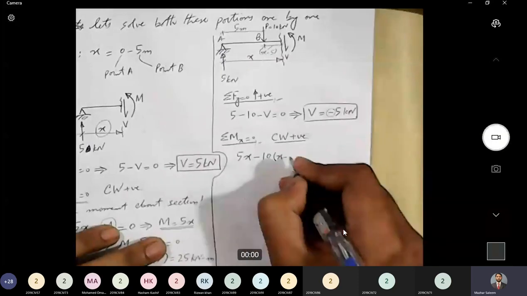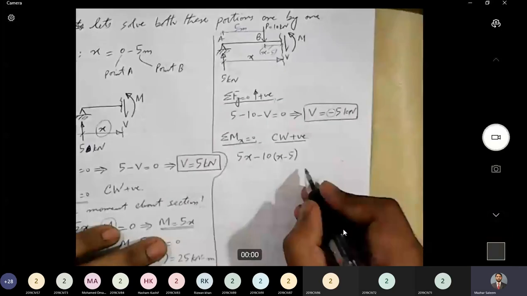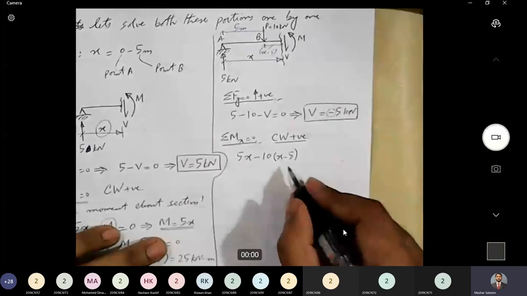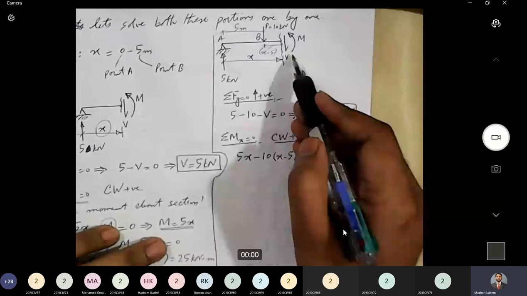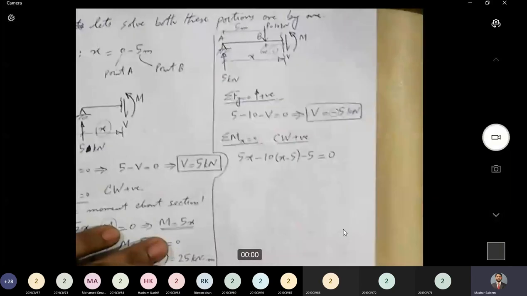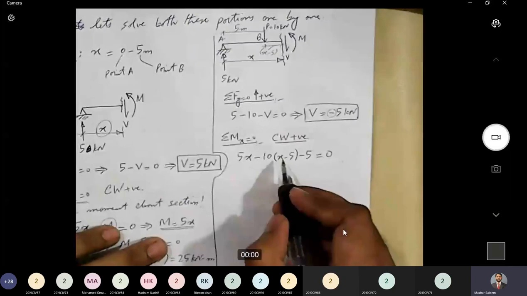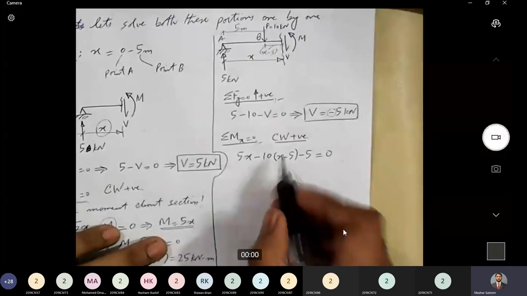This is the expression of moment because of this 10 kilonewton load about this section. Is there any other moment? M is the next moment. Direction of M is counterclockwise, so it should be minus M, and that is equal to 0. We have considered all the moments about the section X.